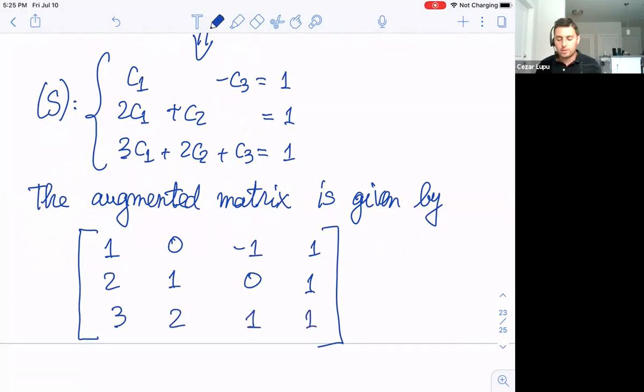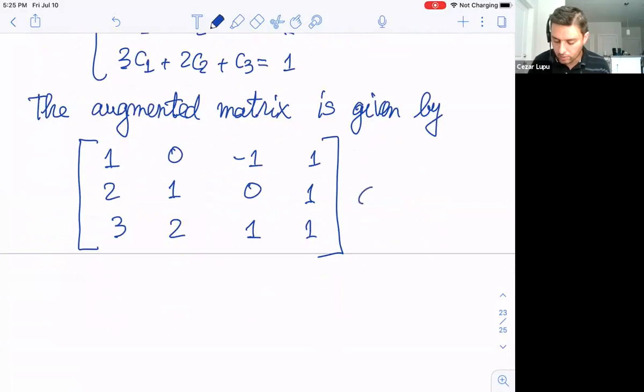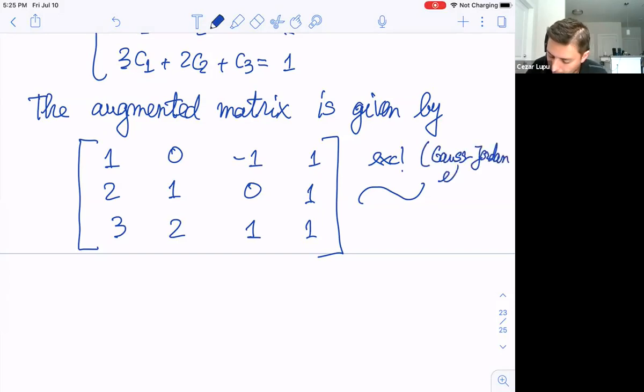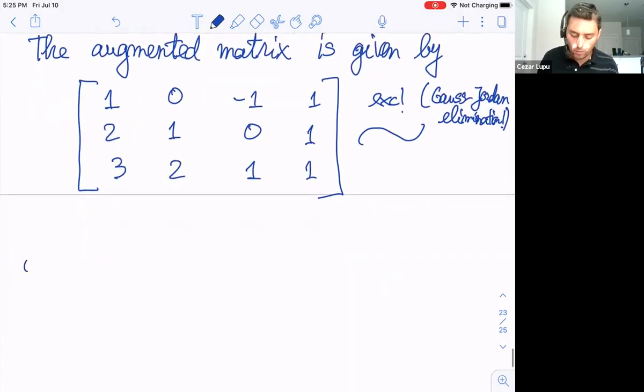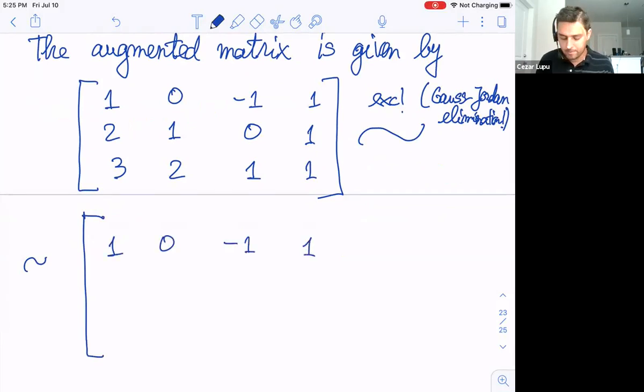And then, I'll leave it to you as an exercise, doing elementary transformations, using Gauss-Jordan elimination, you go all the way to the end. You will end up with the following equivalent matrix: 1, 0, -1, 1, then 0, 1, 2, -1, and the last row will be 0, 0, 0, 0.